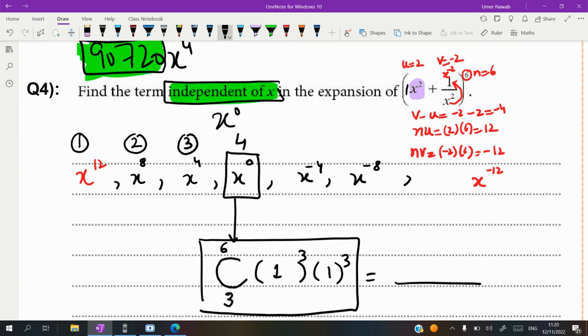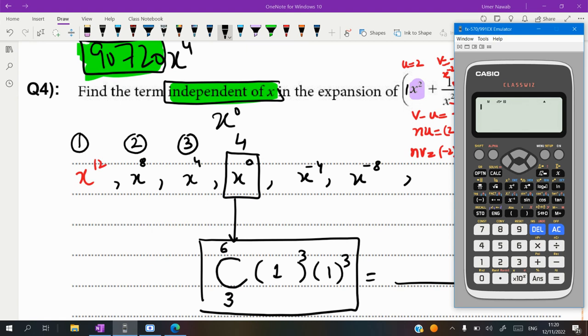You can easily simplify through the calculator by writing 6C3 times 1 raised to power 3 times 1 raised to power 3. 1 power 3 is 1, so no need to write it.